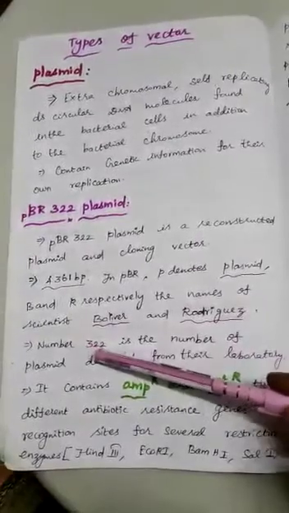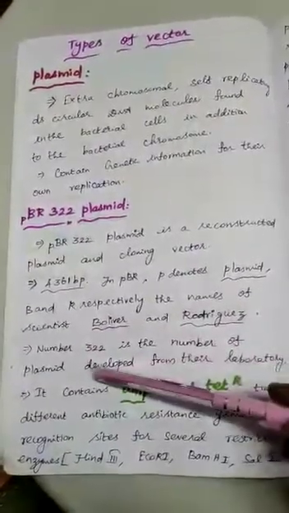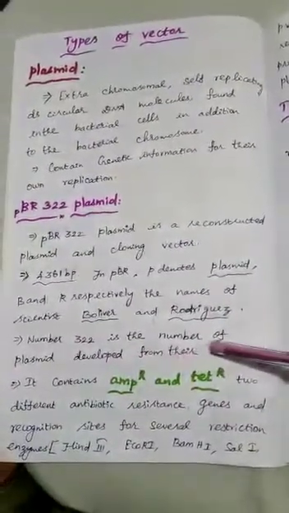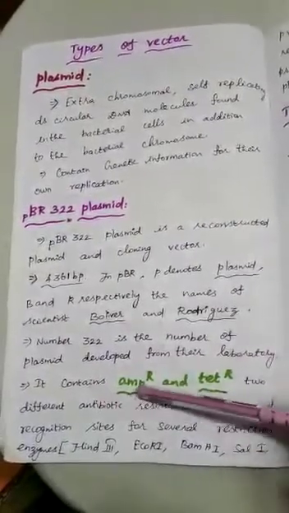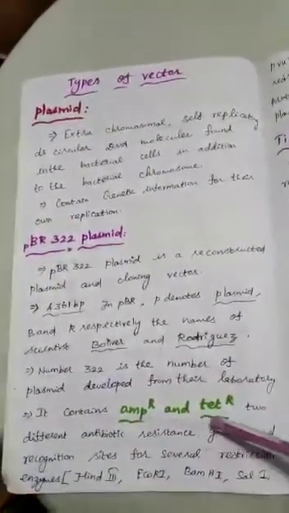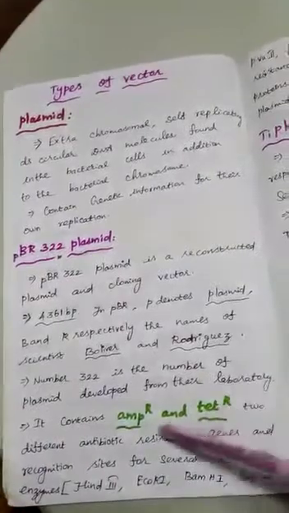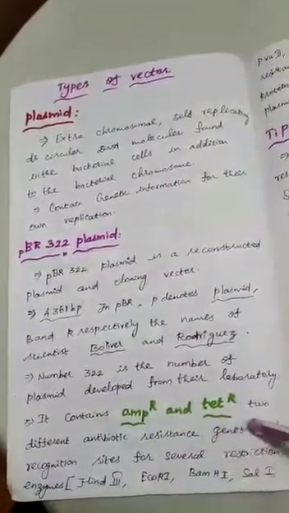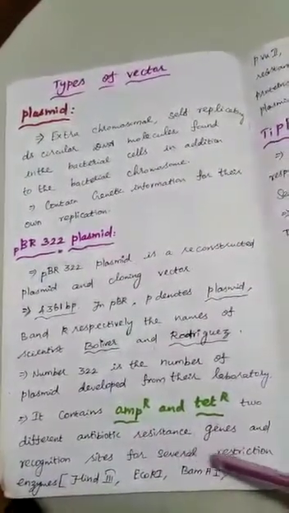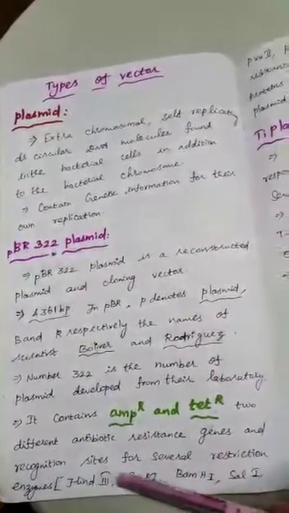The number 322 is the number of the plasmid developed in their laboratory. It contains ampicillin resistance and tetracycline resistance, two different antibiotic resistance genes, and recognition sites for several restriction enzymes.